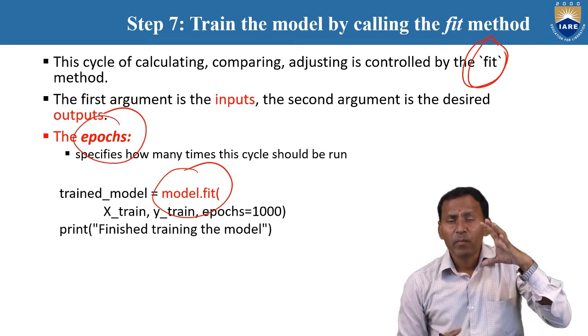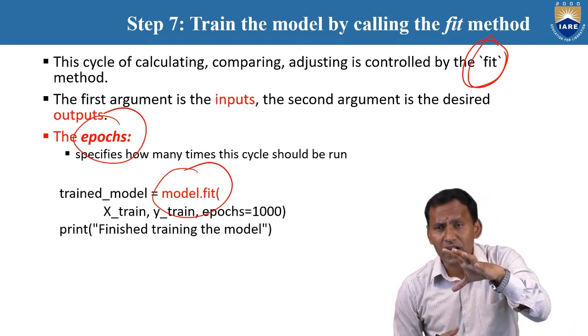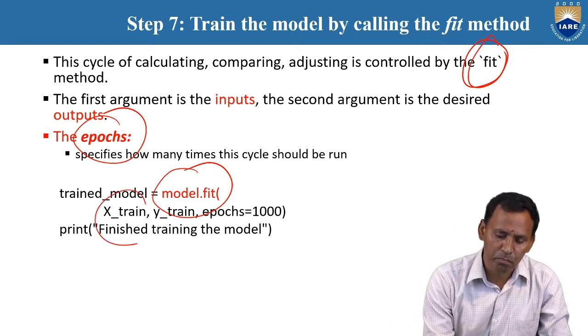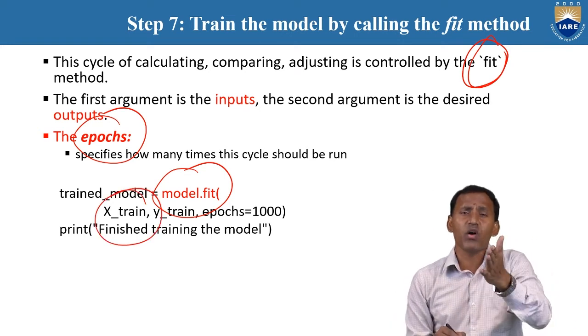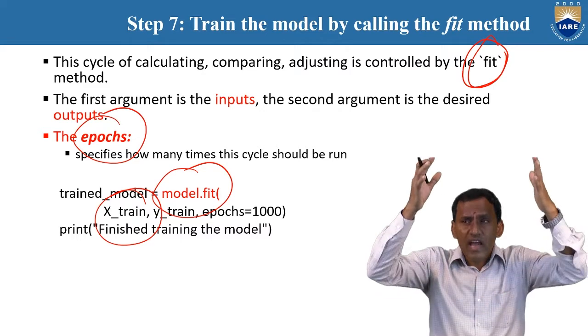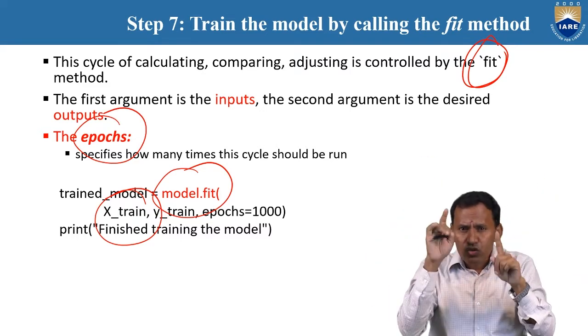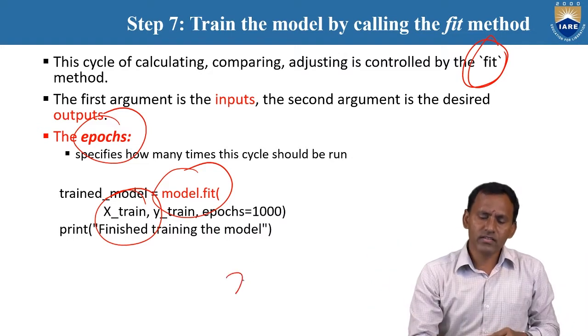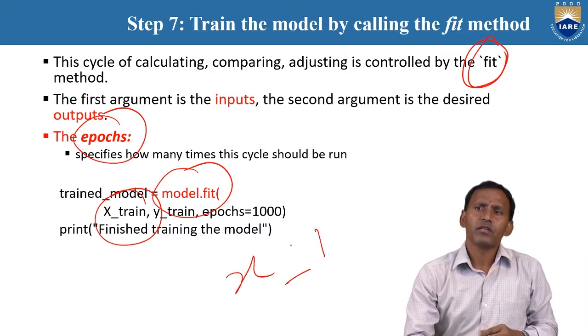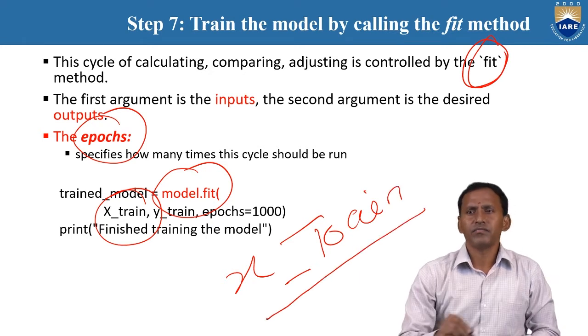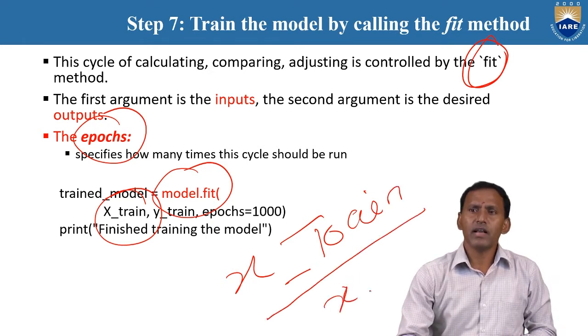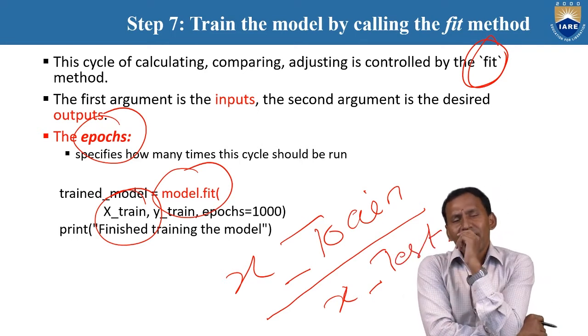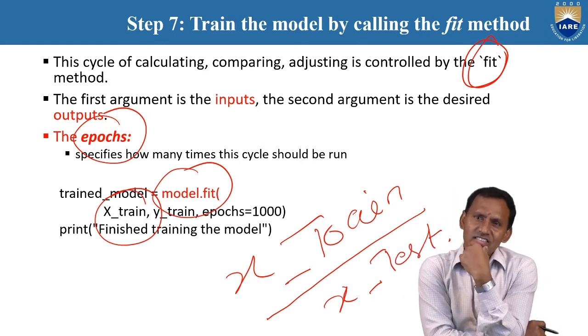The fit method contains two parameters. X underscore train, because the data we gathered was divided into two categories, right? So X underscore train and X underscore test.